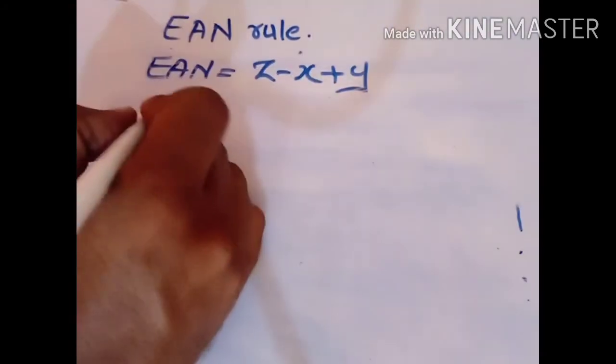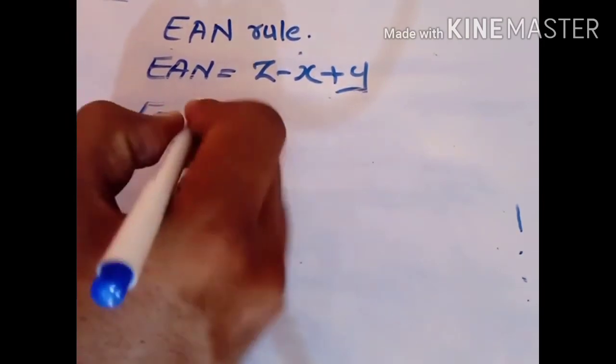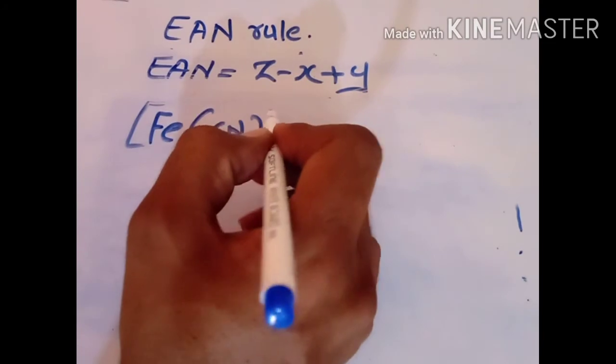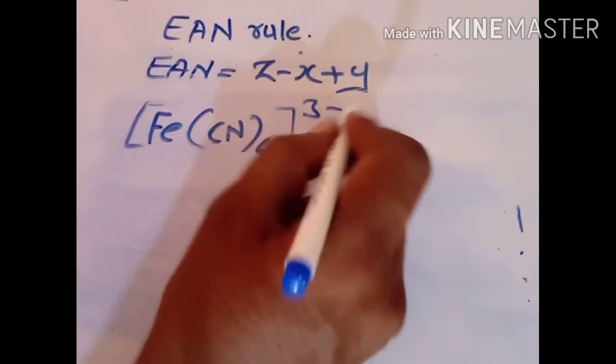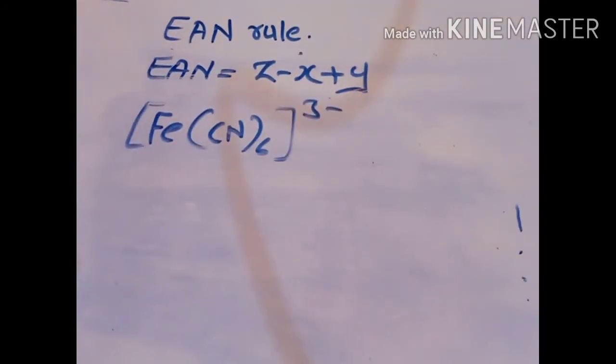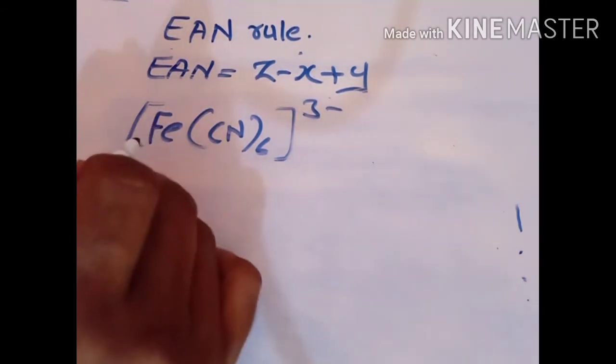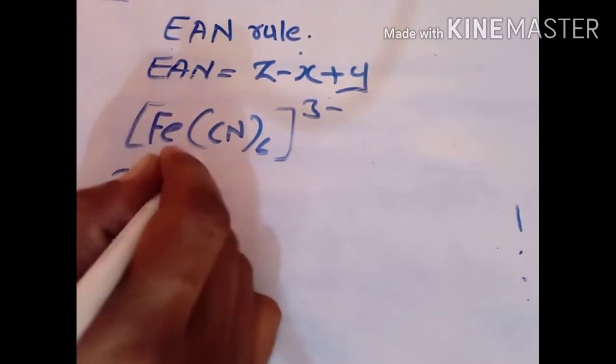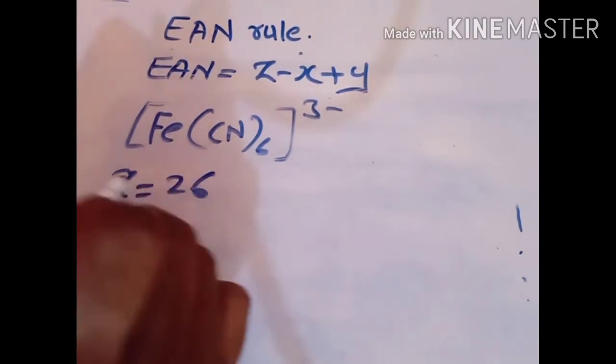We can take the example Fe(CN)6 3-. Now in this we have the value Z, the atomic number of iron, that is 26.